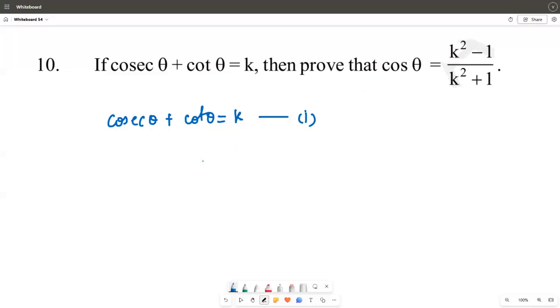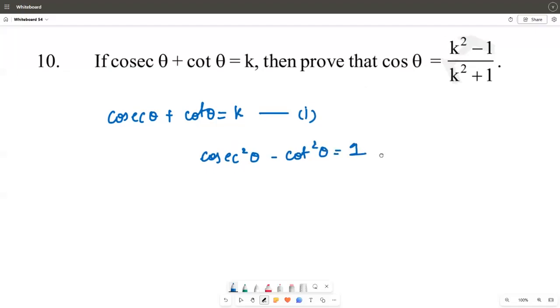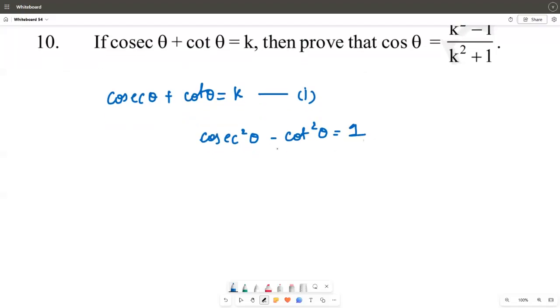Know the property that cosecant squared theta minus cot squared theta is equal to 1. Similar to the ninth question, I can divide this into two different parts, that is a plus b into a minus b, which gives a square minus b square. So I can write it as cosecant theta plus cot theta into cosecant theta minus cot theta equal to 1.